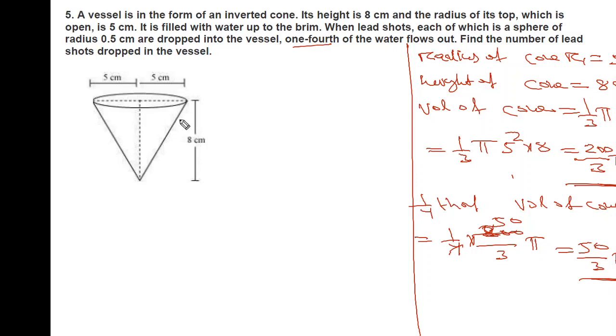Now you see, we don't know how many of these lead shots are being thrown. So let the number of lead shots be equal to n. That means n into the volume of these small spheres will be equal to 50 by 3 pi.